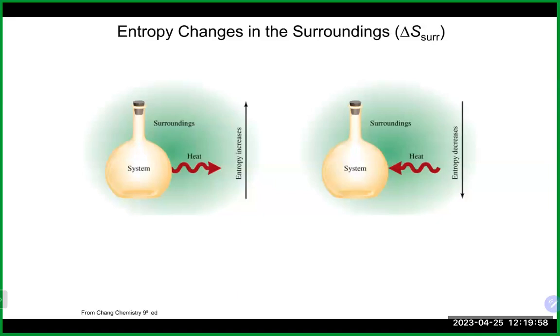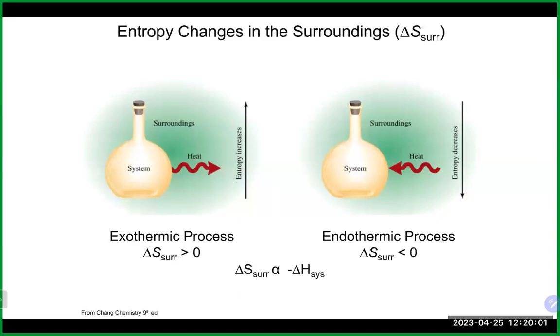So now that we talked about how you calculate the delta S for the reaction or the system, let's talk about how you can calculate the delta S for the surroundings. The surroundings are a little bit different in terms of what is happening. A lot of times the change in the entropy of the surroundings is related to what type of reaction you're dealing with, whether it be an exothermic reaction or an endothermic reaction.